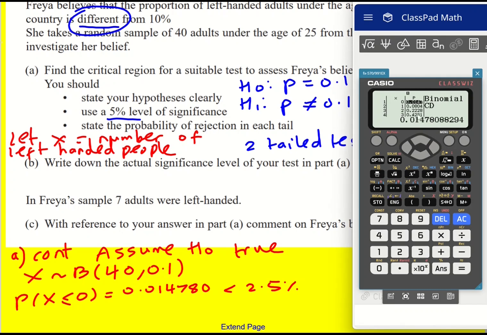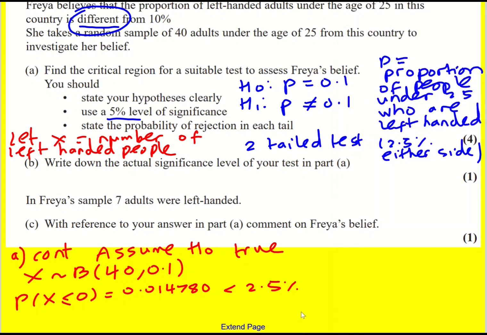It will round it to 4 decimal places in this table. And then the probability that X is less than or equal to 1 is going to equal 0.08047. That's above 2.5%.